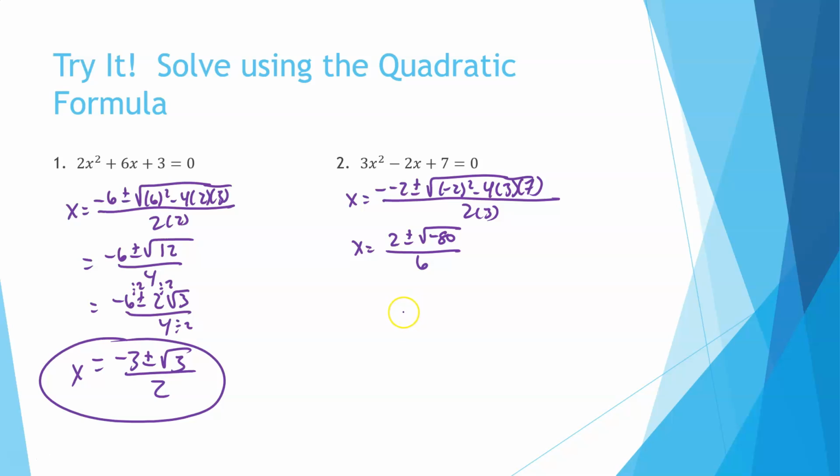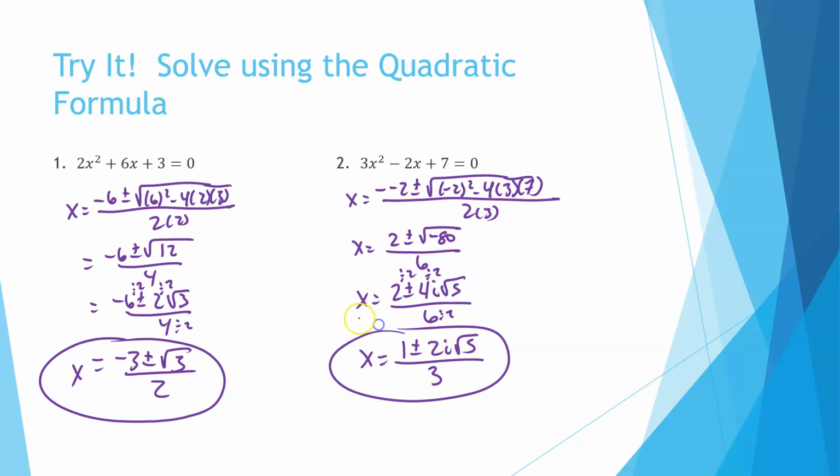When you went to simplify -80, you should have gotten 16 times 5. So it ended up being plus or minus 4i root 5. Anytime you have a negative under the radical, you're going to have an i as part of your answer. Once again, all three of these pieces are divisible by 2, so x equals 1 plus or minus 2i root 5 over 3. That would be where you're at.